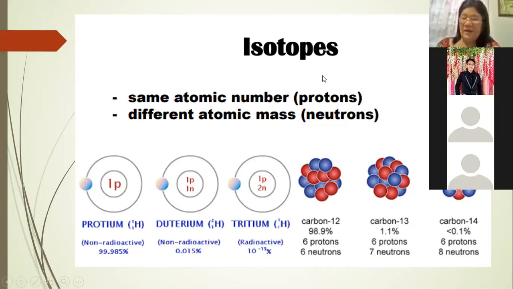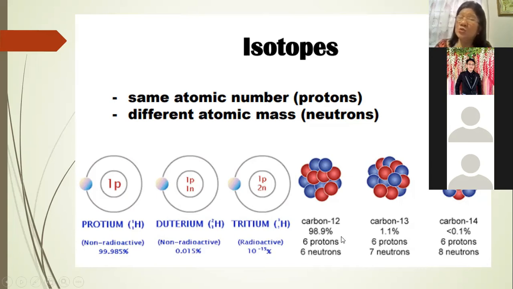So they are isotopes. What are isotopes? They have the same atomic number but different atomic masses. If they have different atomic masses, of course, they will have different numbers of neutrons. For instance, another example, carbon.